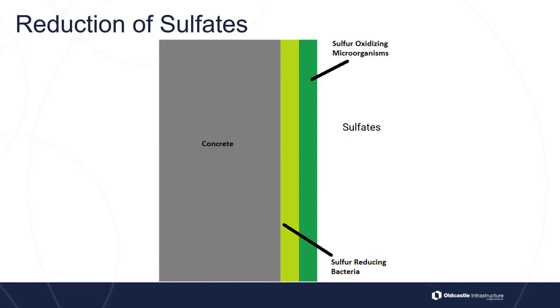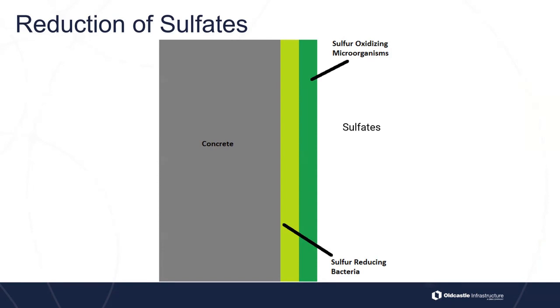Now, beyond the aerobic zone is an SRB population, or a sulfur-reducing bacteria population, that increases or proliferates in the oxygen-deficient conditions. Now, nearest to the concrete surface, there's a layer of inert anaerobic bacteria whose activity is limited by the diffusion of organic food substances into the biofilm.